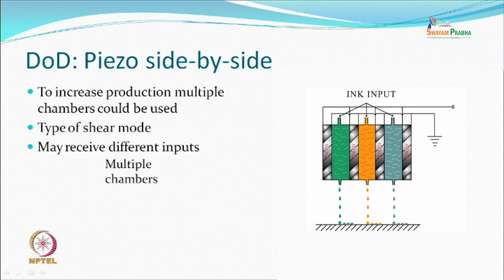So they may receive different inputs at different times. All of them can fire simultaneously if the whole area requires the same color, and so you fire all of them. If fewer drops have to be generated there, so you generate only one or two, that means it has more control.